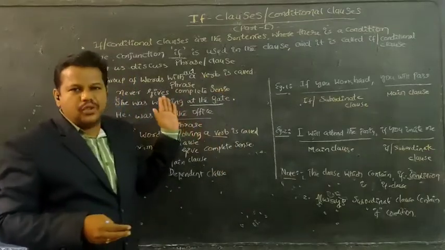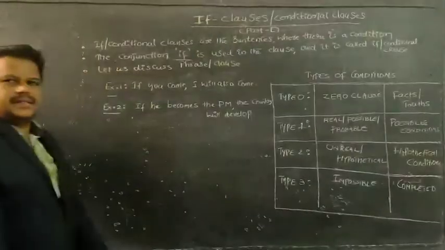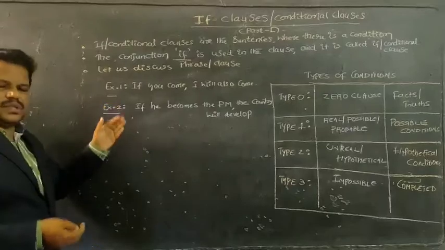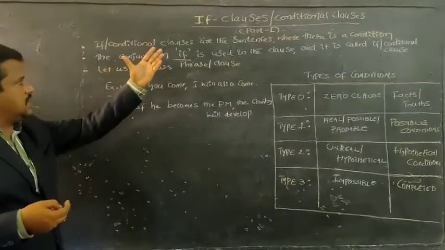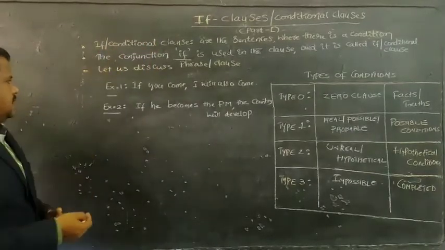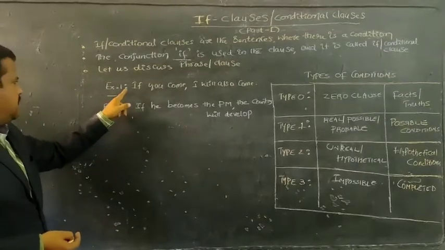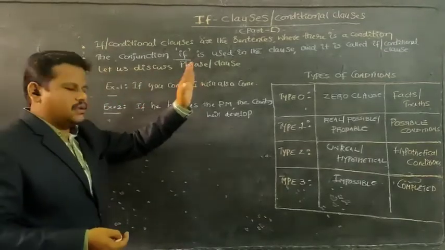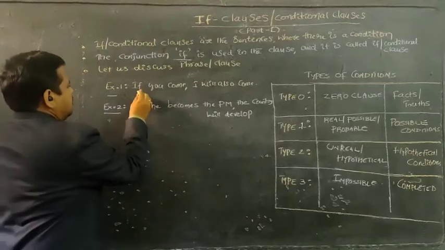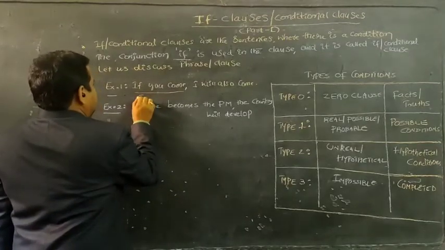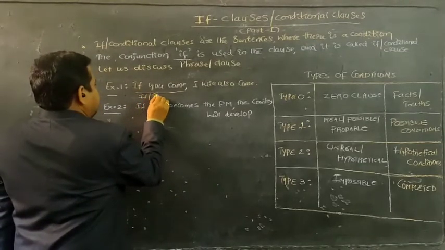Now let us see a few more examples, students. Now we will see these two examples. You will understand more clearly that if classes are conditional classes. Example number 1 is: if you come, I will also come. So in this case, if is followed with the subordinate class.